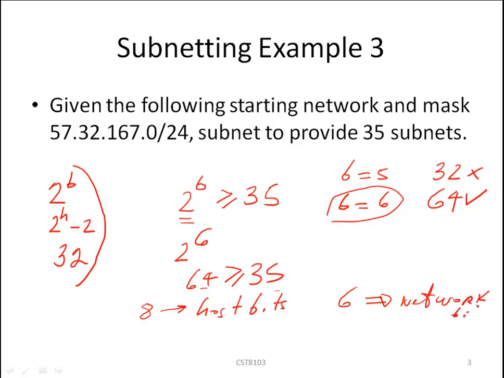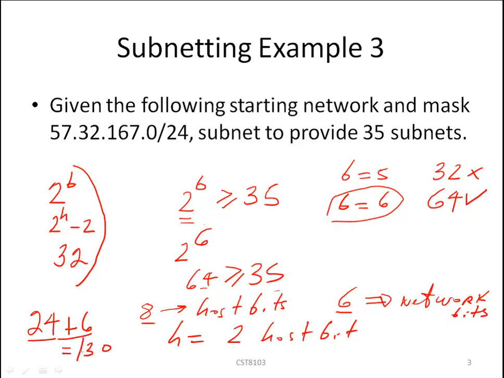So 8 minus 6, we are left with 2 host bits. So h equals 2. And our new mask has been elongated by 6, since our original mask was 24 plus 6. Therefore, our new mask is a /30.